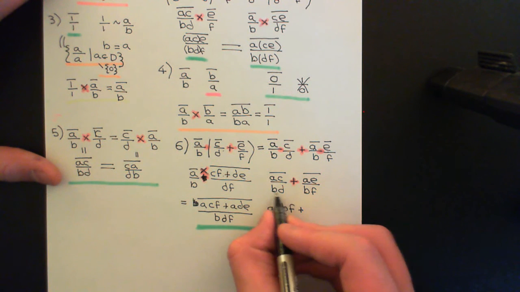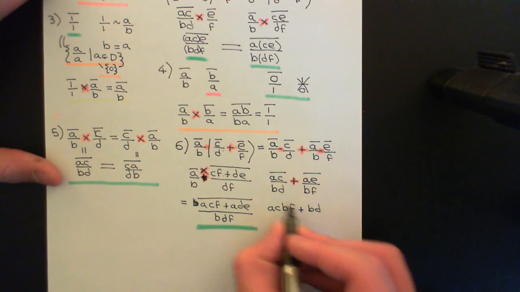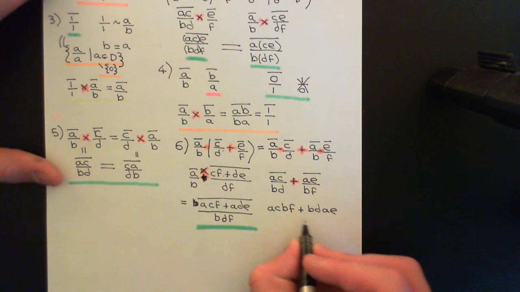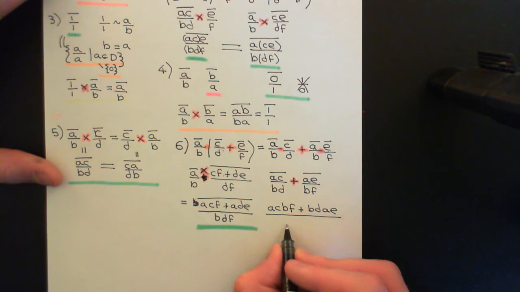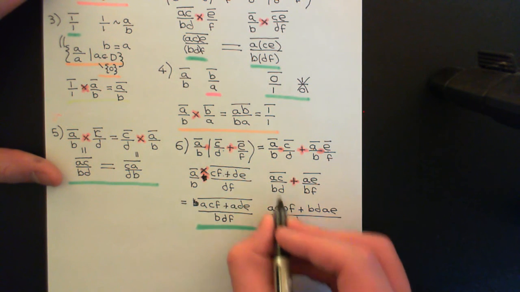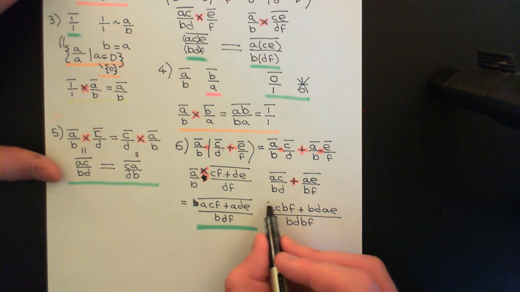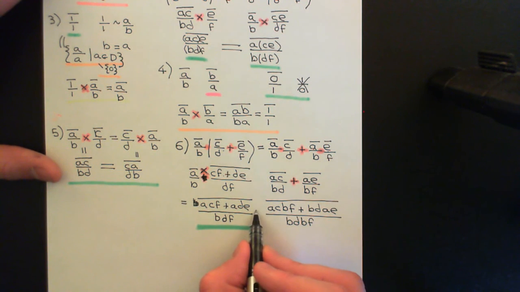And then we'll have plus this denominator here, b times d, times this numerator here, a times e, and then it will all be over b times d, this denominator here, times b times f, this denominator here, and then we'll take the equivalence class that contains that.